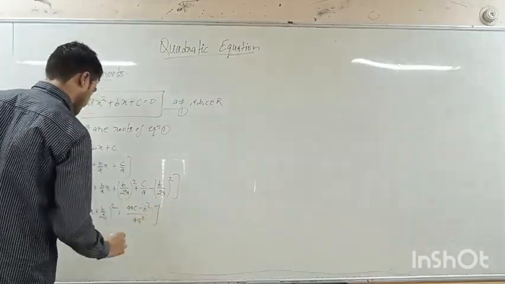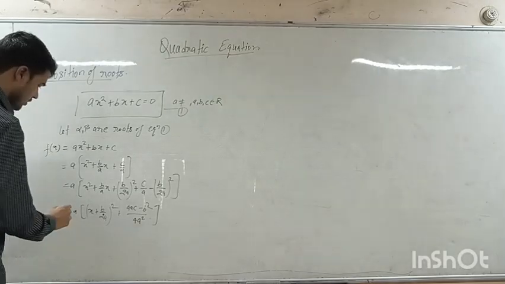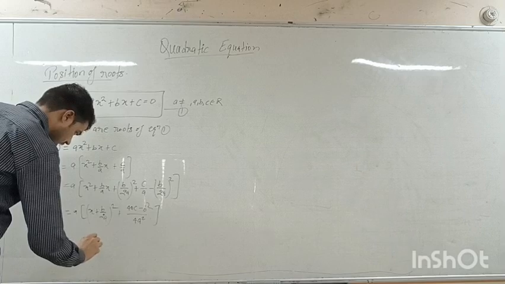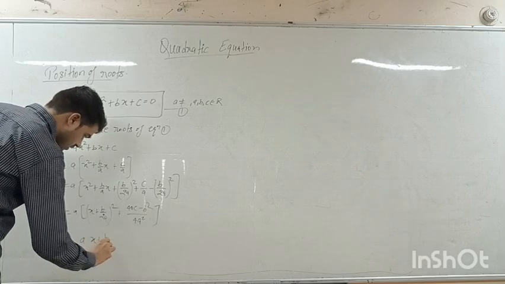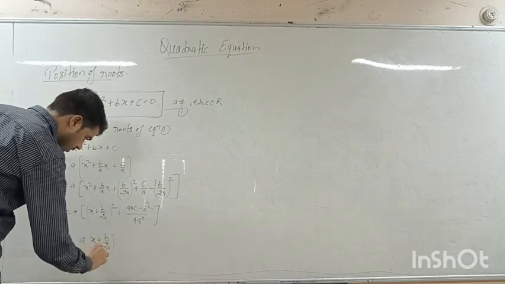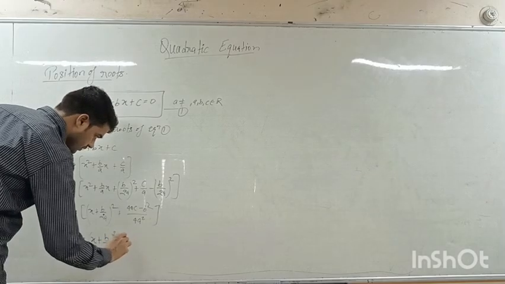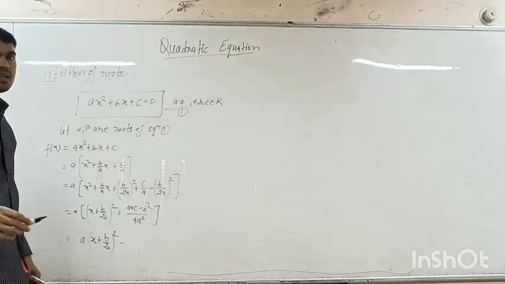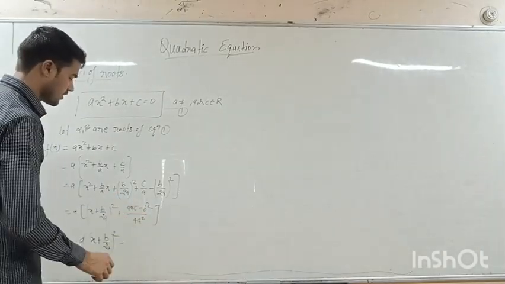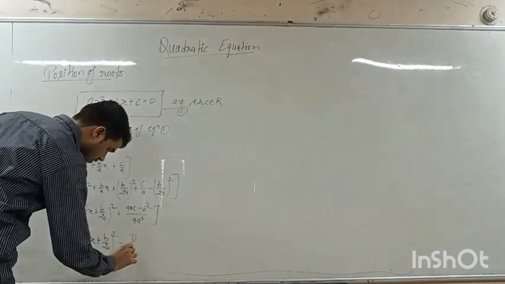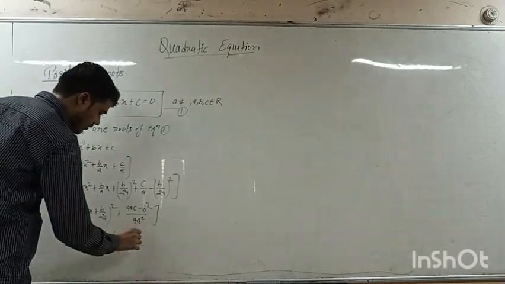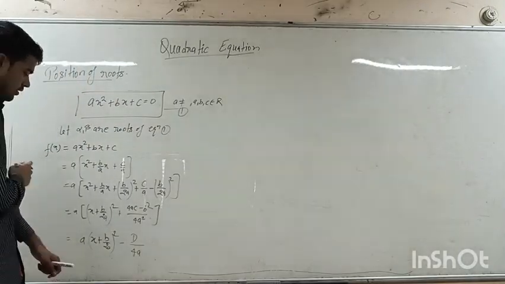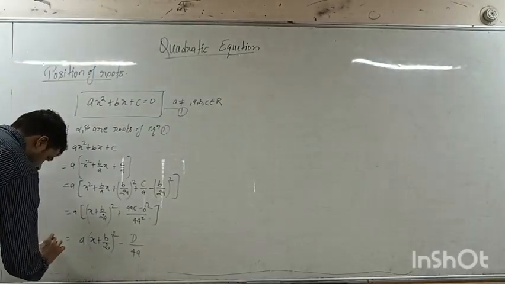We multiply by a inside. So this is a times (x plus b by 2a) whole square, and we can take minus common here, and this will become D, the discriminant, b square minus 4ac. This is D multiplied by a, one a will cancel out, and this is 4. So f(x) becomes this.